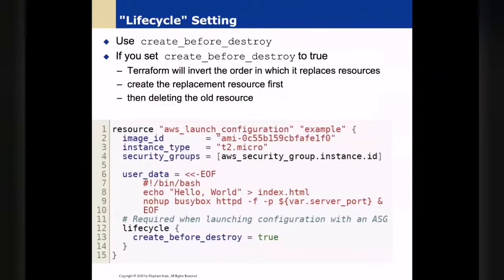Then you want to say here is what you do when you are destroying this. And Terraform will invert the number in which it replaces the resource, create the replacement resource first, and then delete the old resource. So that is if it wants to recreate that particular group, then you will create a new one, destroy the old one.